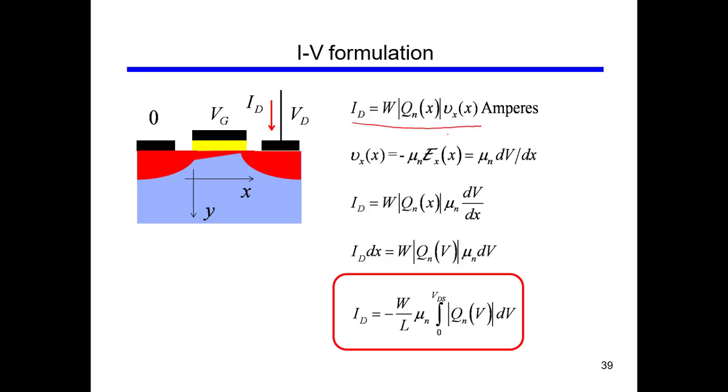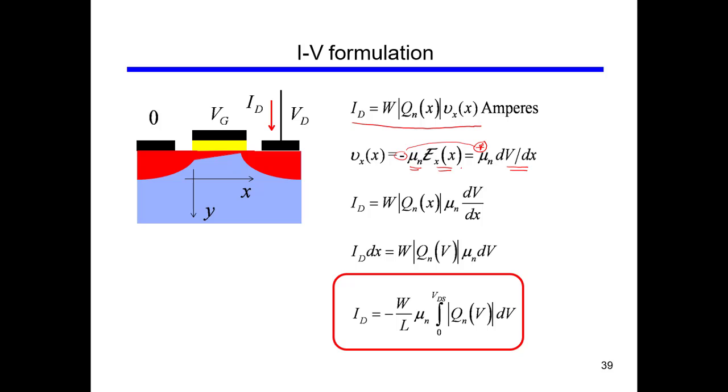It is charge times velocity times the width of the channel, and we know that the velocity is mobility times the electric field, and the electric field is the slope of potential, and they both have opposite signs. So if one is negative, the other is positive.